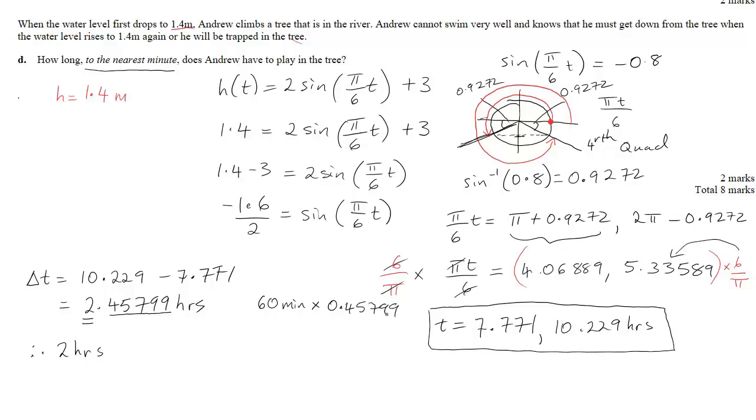So we eliminate the 2 from that and then times it by 60. That answer gives us 27.479 minutes, which to the nearest minute, I would just say 2 hours and 27 minutes. It hasn't really reached half a minute yet, so you have to round down.